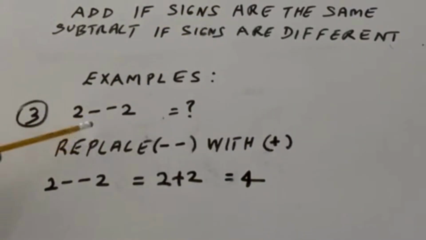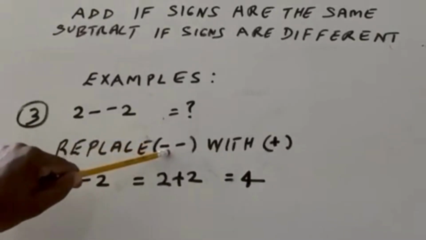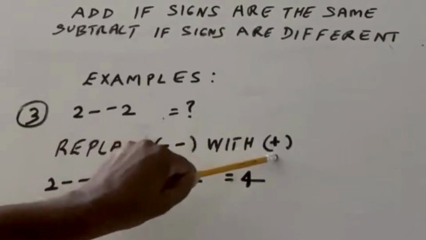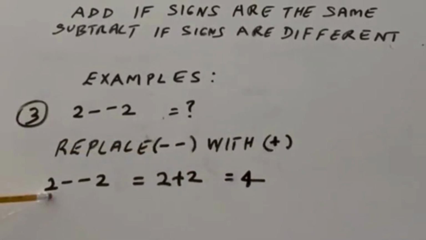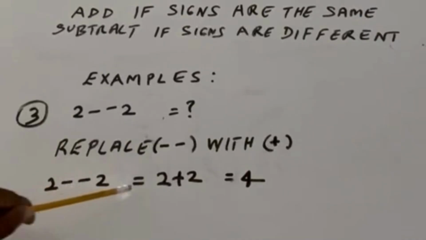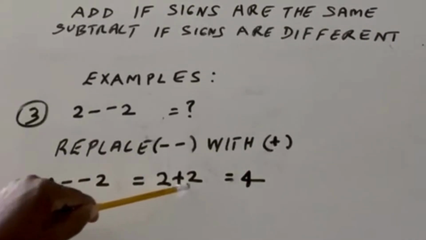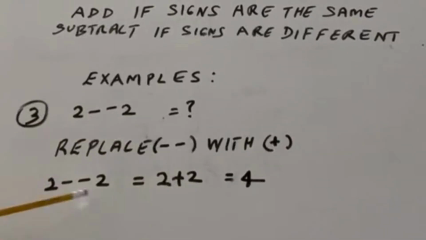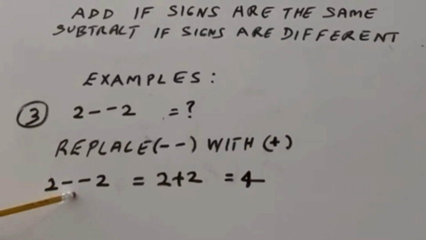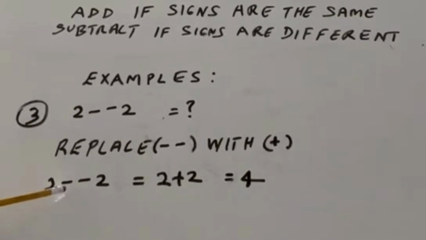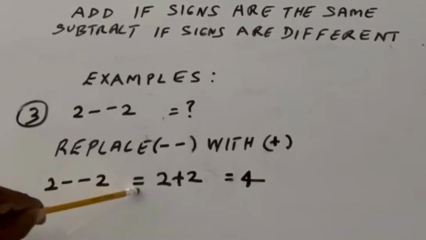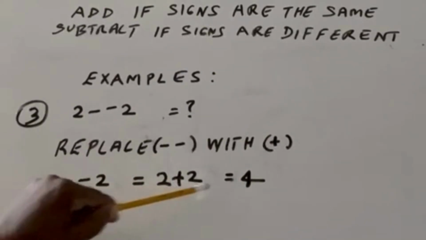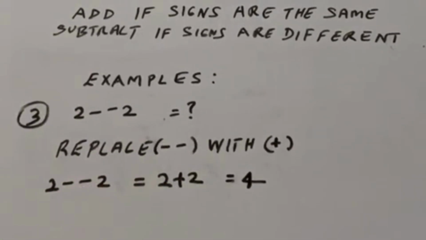So let's replace the two negative signs with a positive sign. So rewriting our question, 2 minus negative 2 then becomes 2 plus 2, the plus replacing the two negative signs. Hence 2 minus negative 2 is equal to 2 plus 2, which is 4.